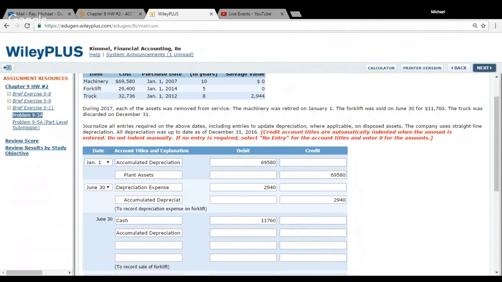Then we multiply that by 3 for 3 years, and add in our other amount, which was 2,940. That gives us 20,580. So we'll plug that in.